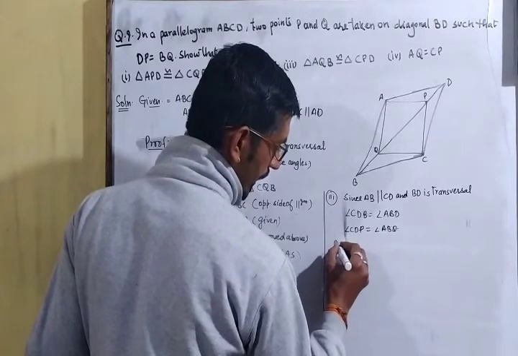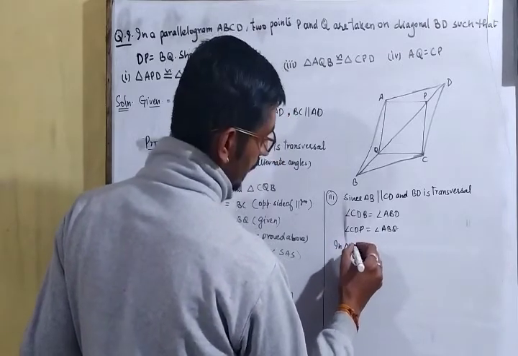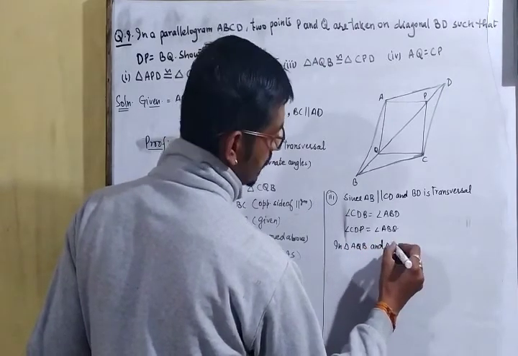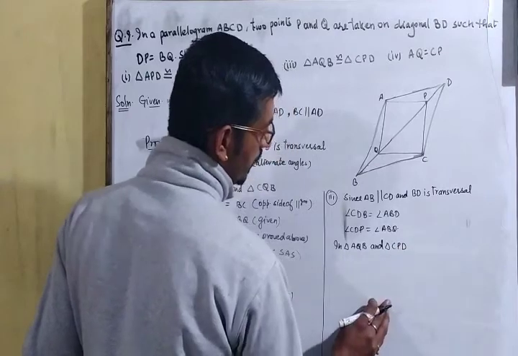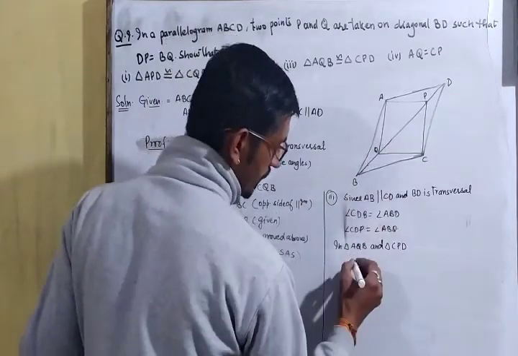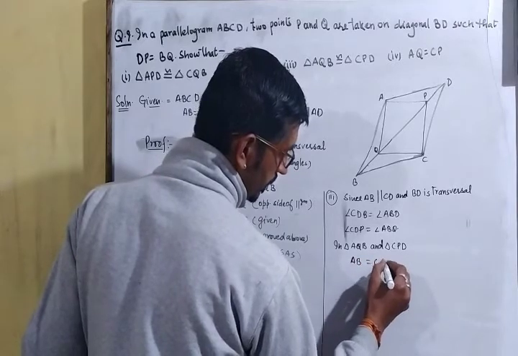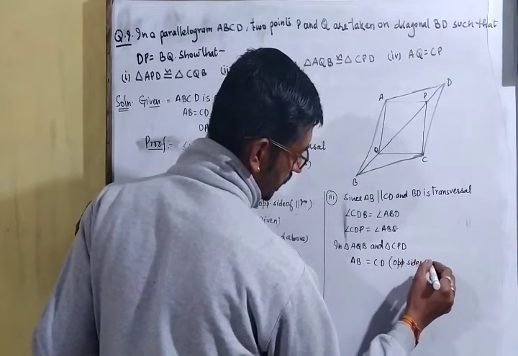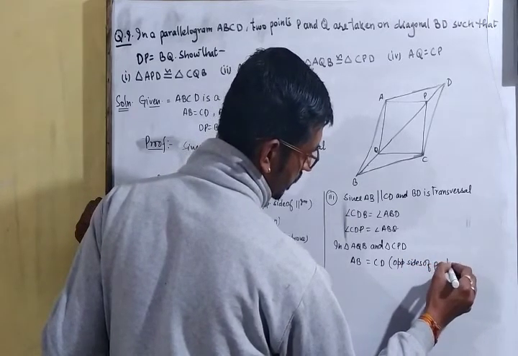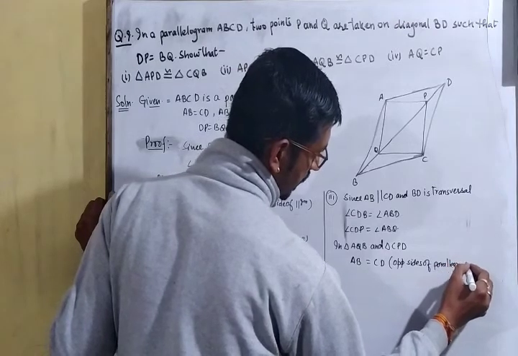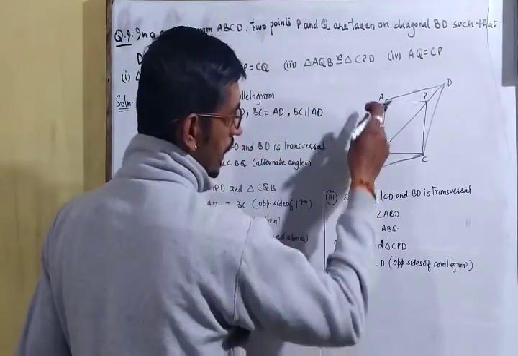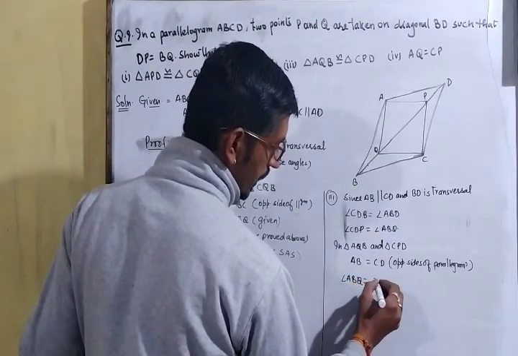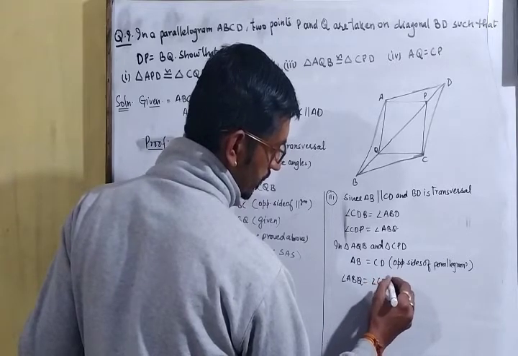Okay, now in triangle AQB and triangle CPD. Okay, first AB is equal to CD, opposite sides of parallelogram. Second, angle ABQ is equal to angle CDP.